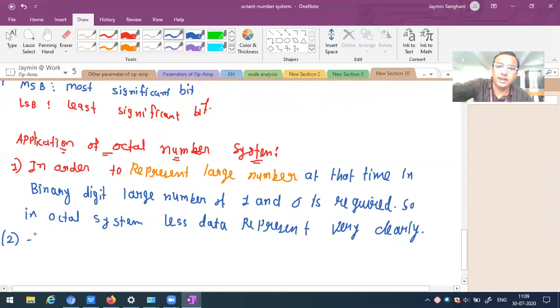Second, the octal number can be used to represent less data, already discussed. The octal number system is just used for convenience of the user, to represent a less amount of data for user purposes.